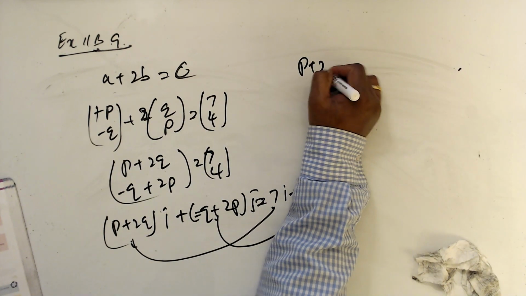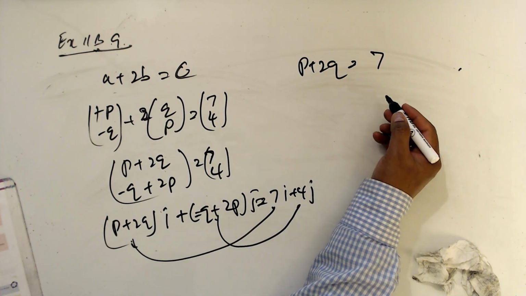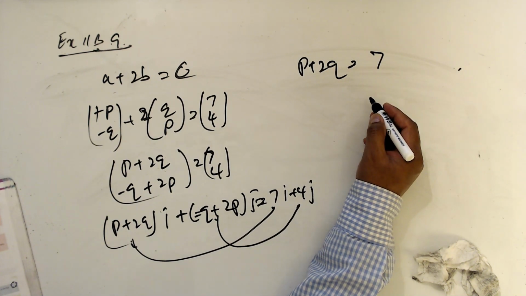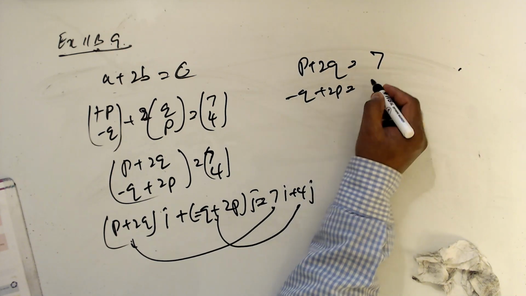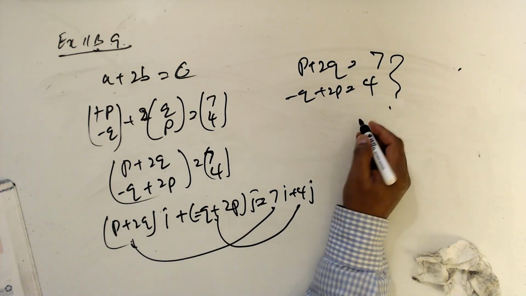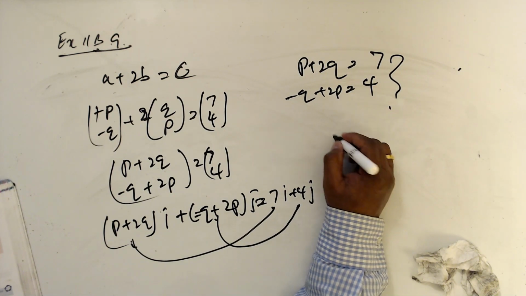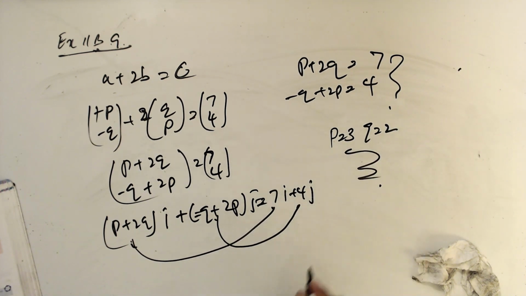So it will create simultaneous equations: p plus 2q equals 7 and minus q plus 2p equals 4. When you solve these two equations simultaneously, you get p and q.